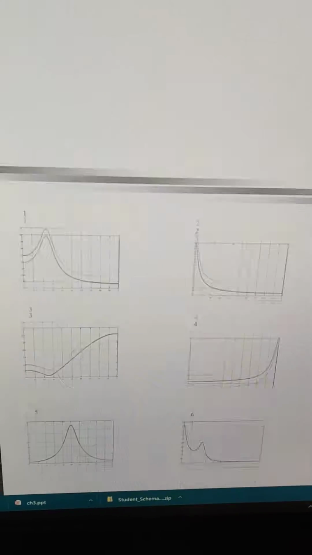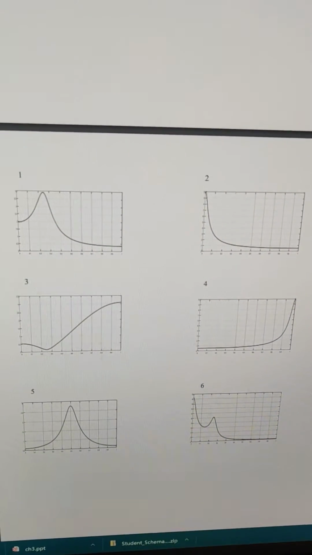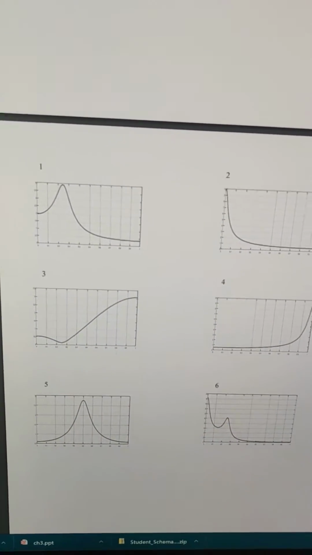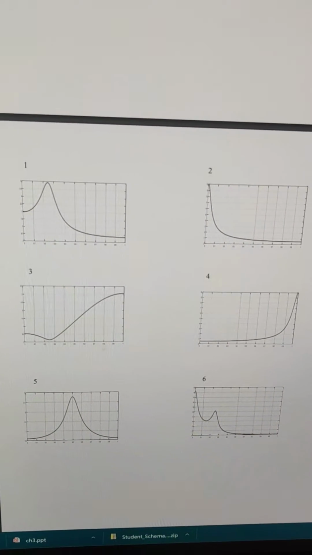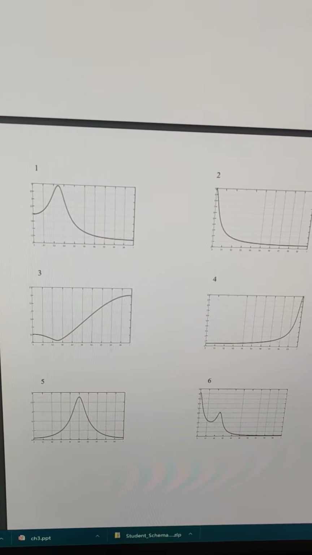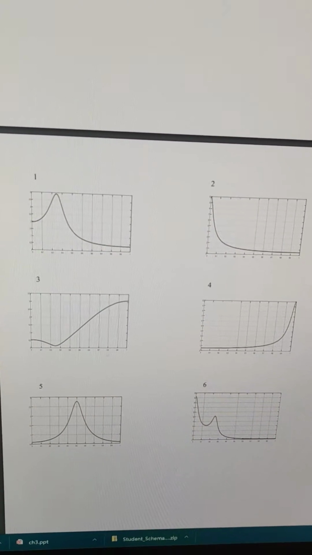So let's look at the frequency response. Only the first diagram matched this pole zero diagram, so the answer is 1.